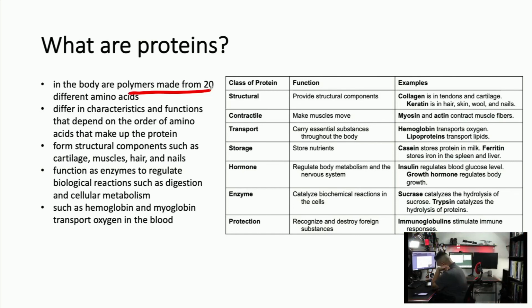The functions of each protein differ because they're made up of different combinations of amino acids that have different R side chains. Remember what I was talking about before, how molecules have a center part, and then there's an R for the rest of the molecule.